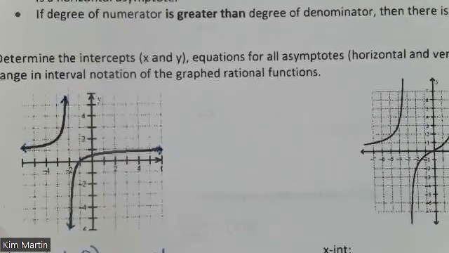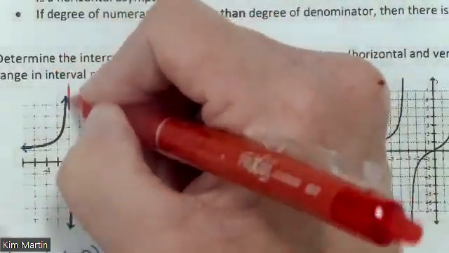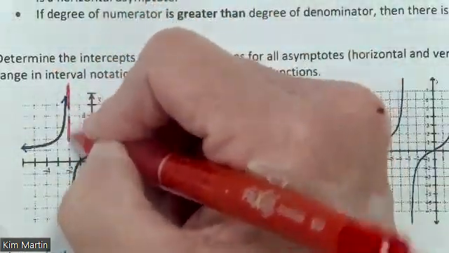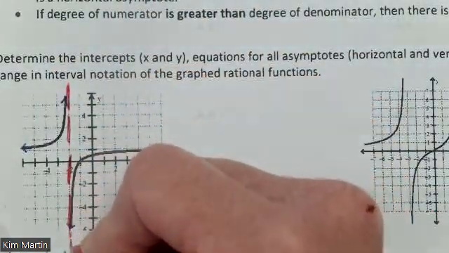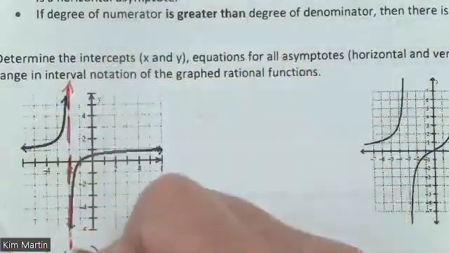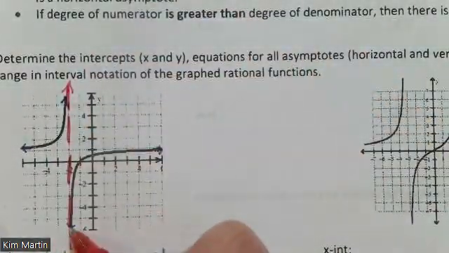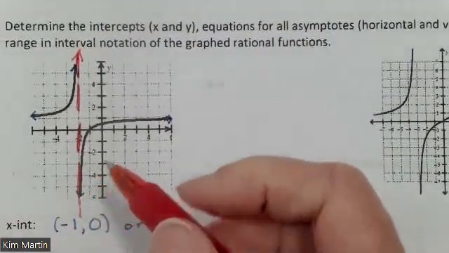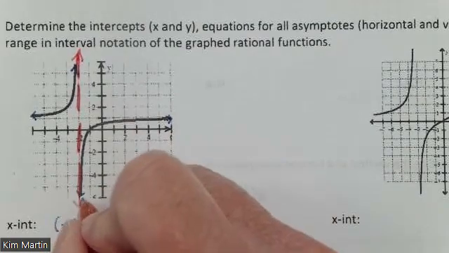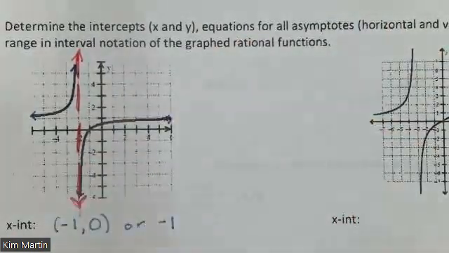So for the vertical asymptote, you've got this invisible line that goes right through here. Those approach it, but they never cross it. Now, I know this one looks like it's touching it, but that's just because it's really hard to draw this without that happening, okay?